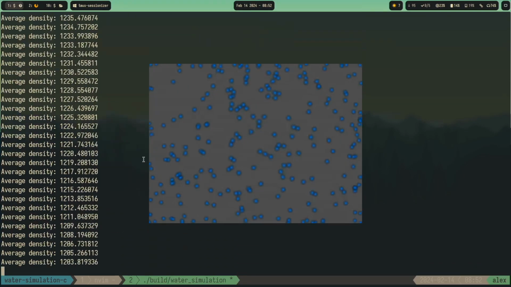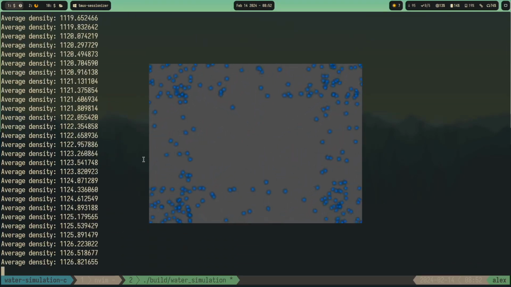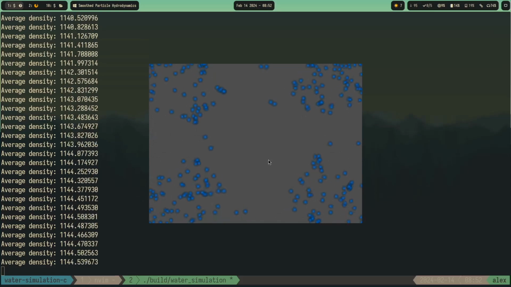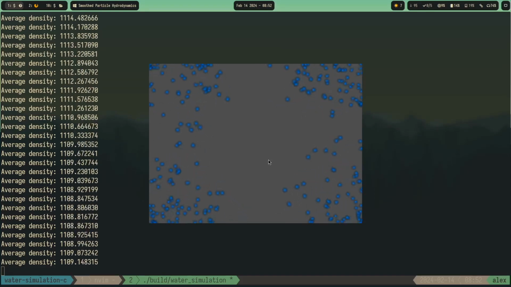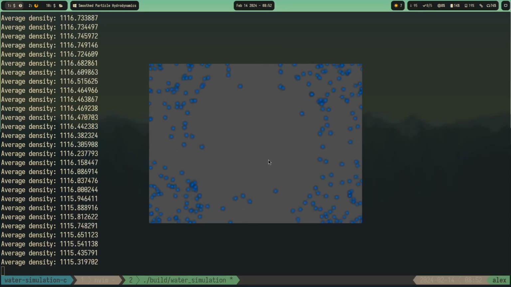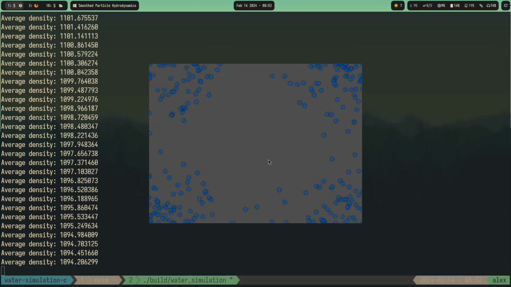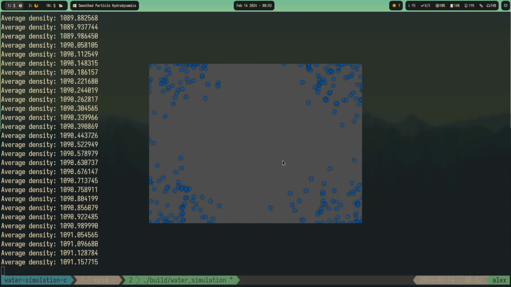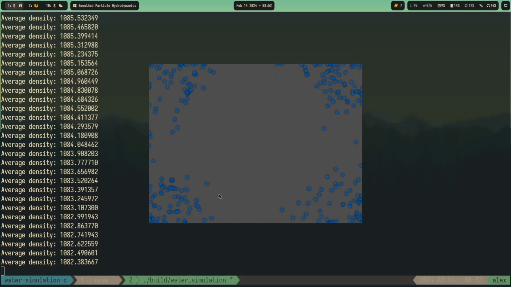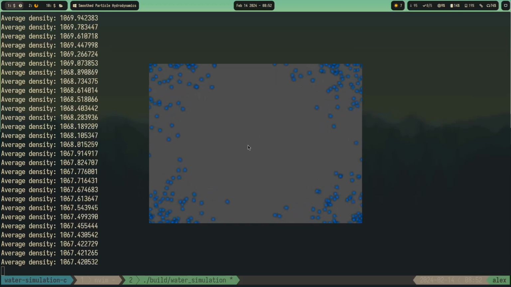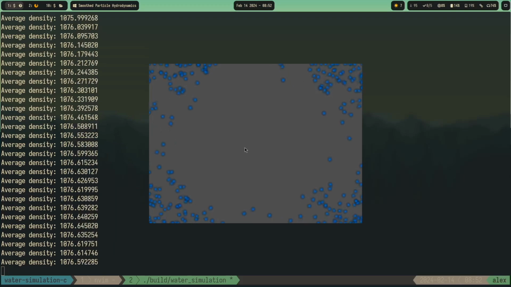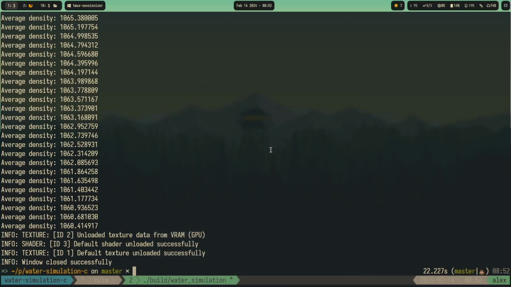So let's see. Oh, now it looks better. I mean, now it looks much better than last time at least. But it's still like empty space in the middle, which is not occupied.